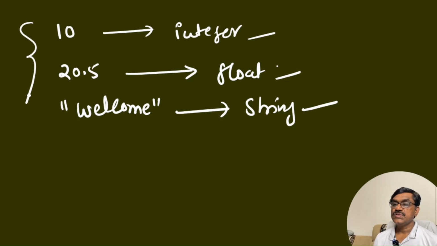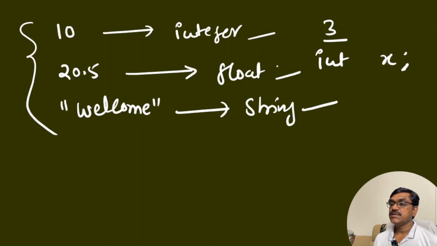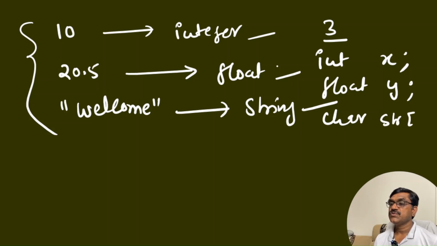If you want to store these three data items or values, we need to declare the variables. How many? Three variables. First, you have to declare the variable for integer like this, int x. Next, you have to declare the variable float y, and you have to declare a character array, assume, for storing the string type of values.